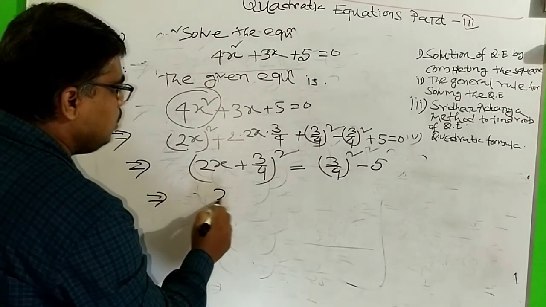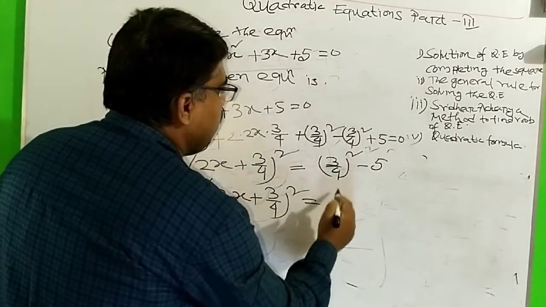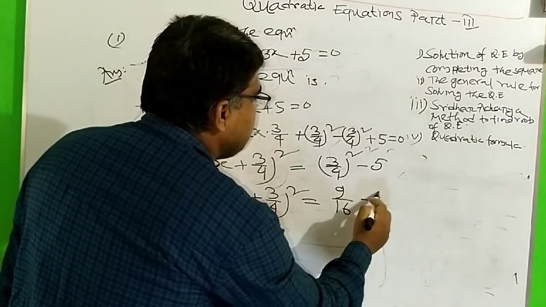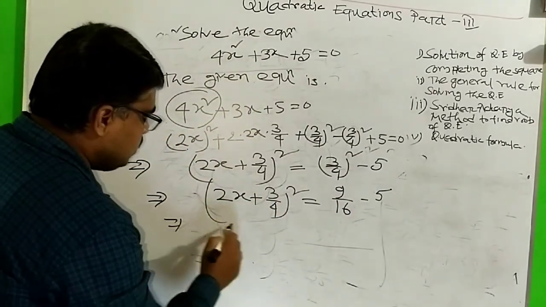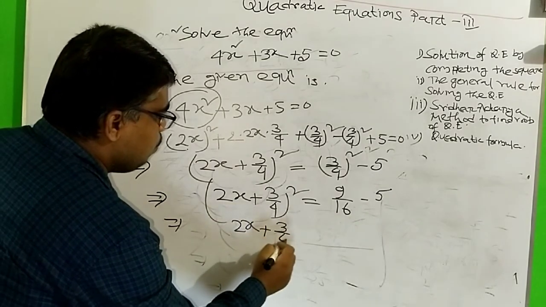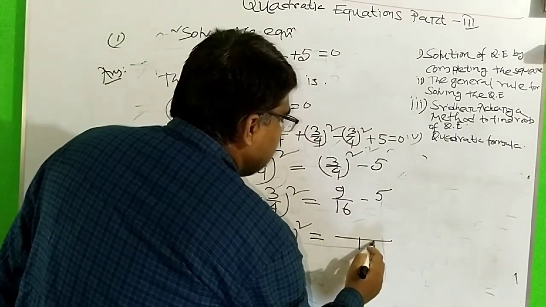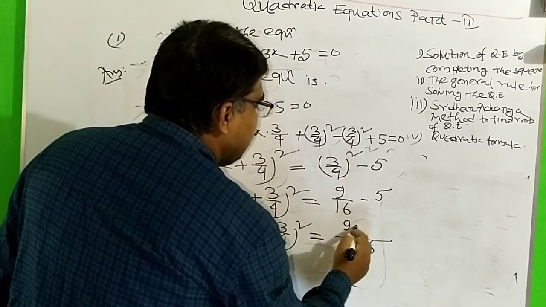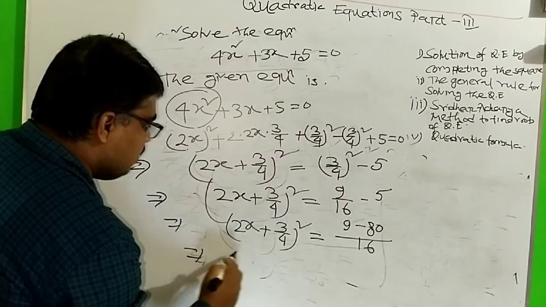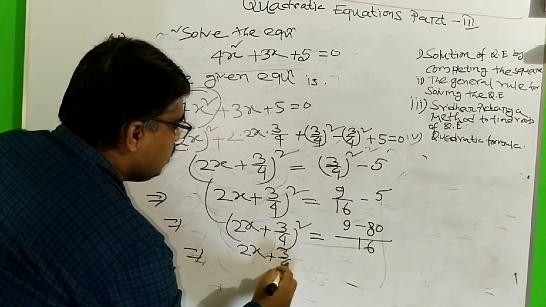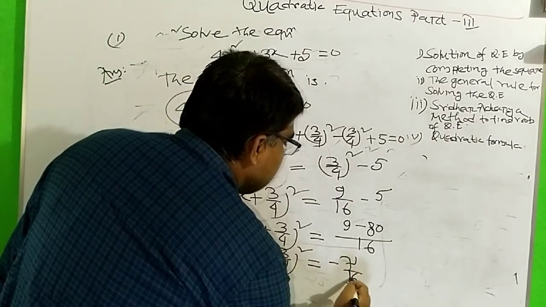This implies 2x plus 3 by 4 whole square is equal to 9 by 16 minus 5. 16 is LCM in the denominator, we get 9 minus 5 into 16 means 80. This implies 2x plus 3 by 4 whole square equal to minus 71 by 16.